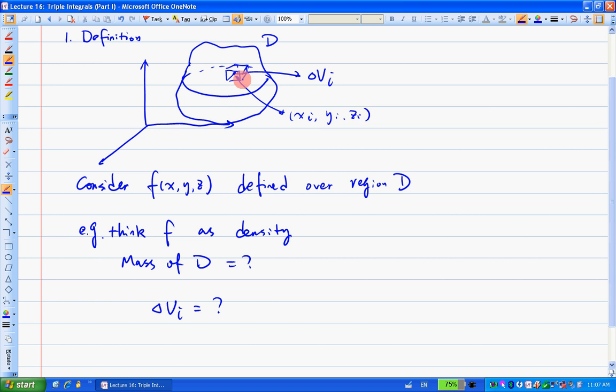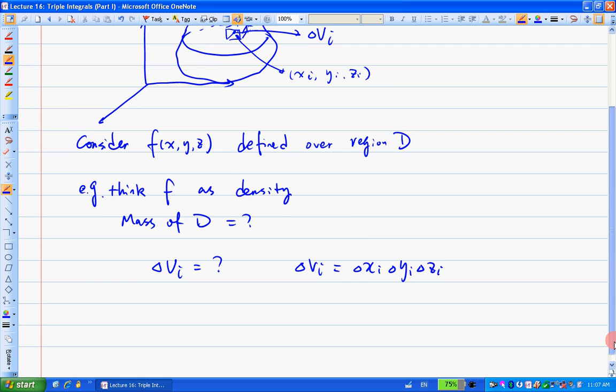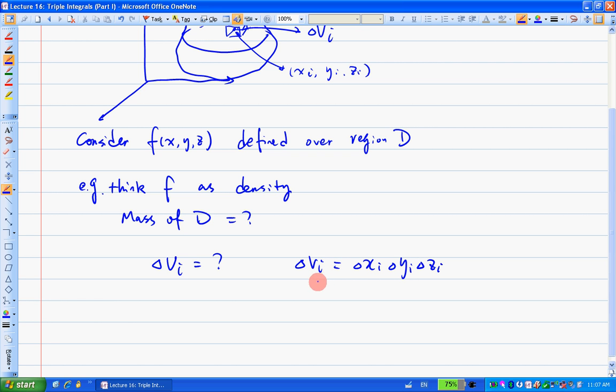If you think of this as a small volume, there's a delta x, a delta y, and a delta z, very small variations around that point. So my delta Vi is basically delta xi times delta yi times delta zi. That's the volume of the small box.